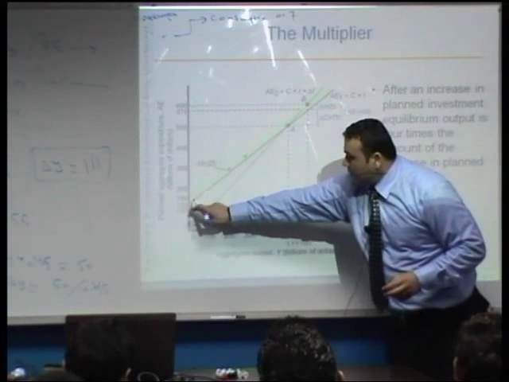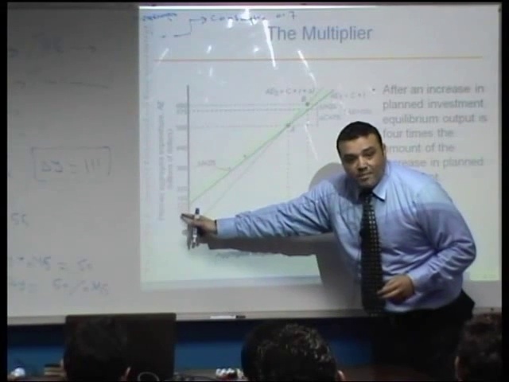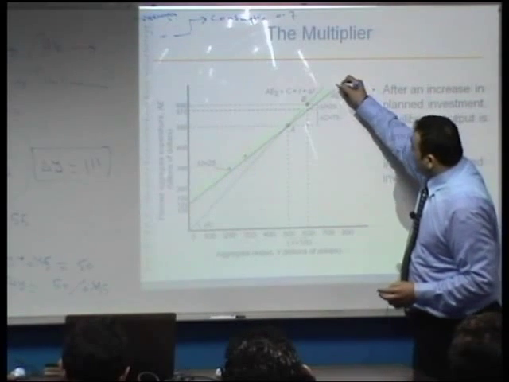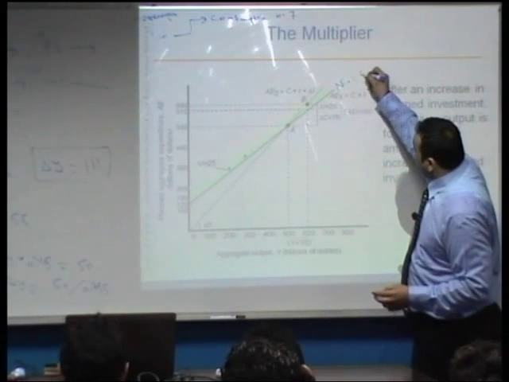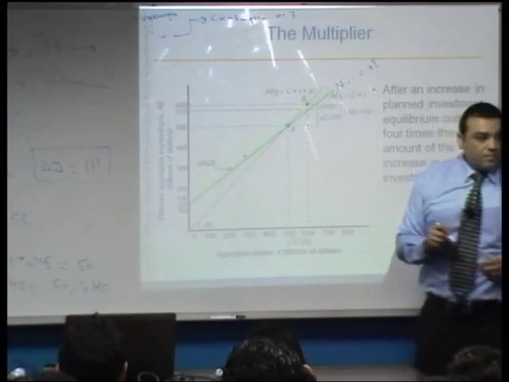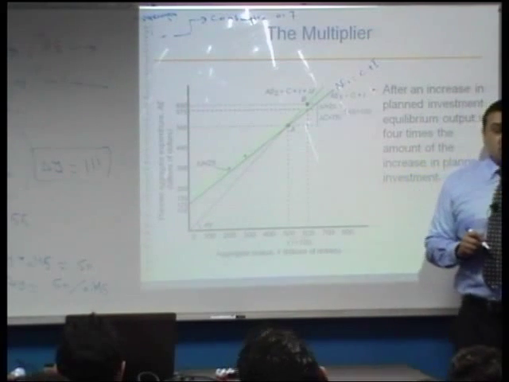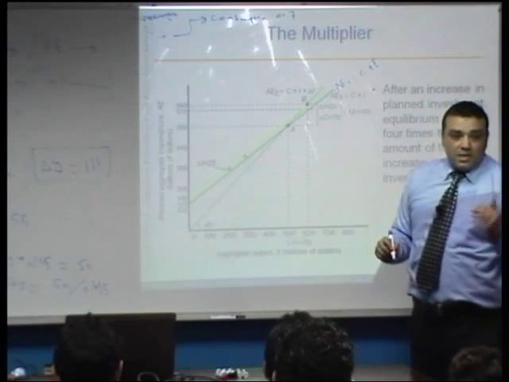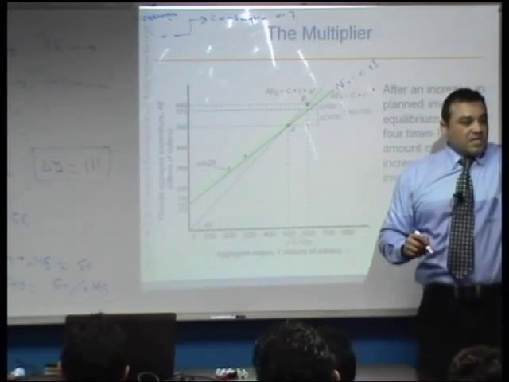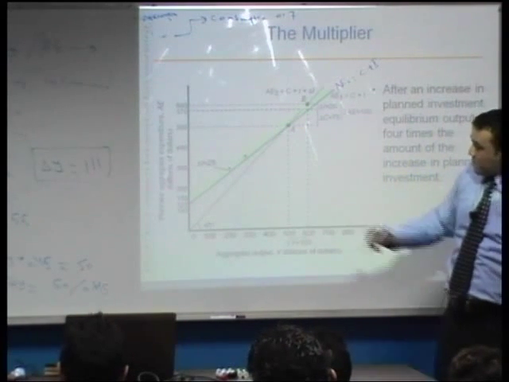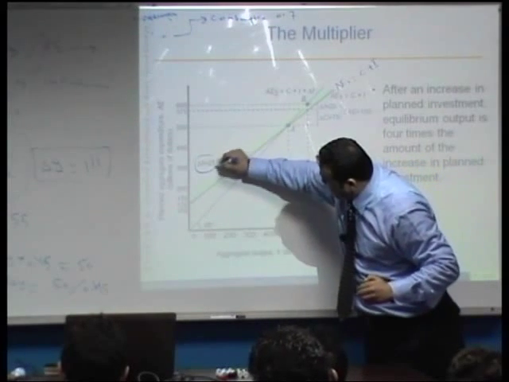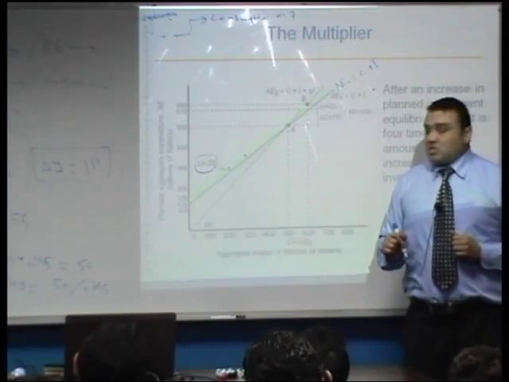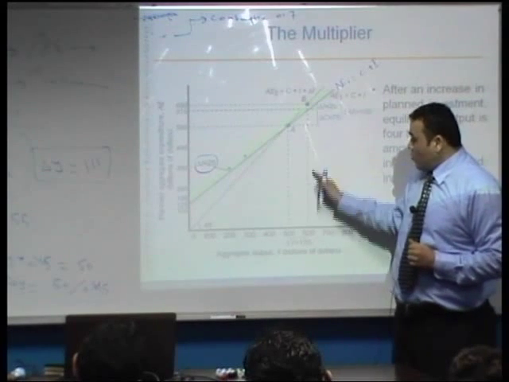This line, which starts from 125, is aggregate expenditure 1, which is the C plus I function, right? Suppose that the business sector decided to increase its investment by 25. Delta I equals 25.